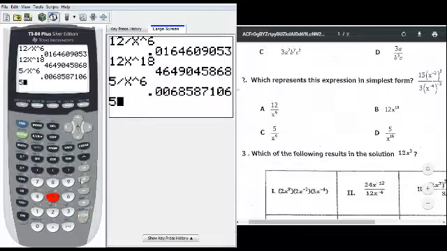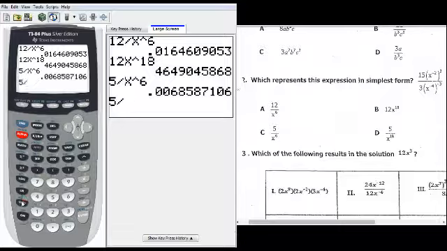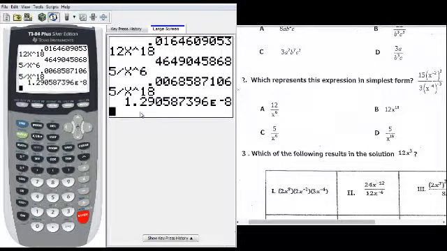So we're going to do 5 divided by alpha x to the 18th power. So we're going to do x caret 18. We're going to press enter. And there it is. There's that number that we just had earlier, 1.290587, and it goes on. That is e to the negative 8th power. That's telling us for sure that letter D is our answer, so we would select that answer.